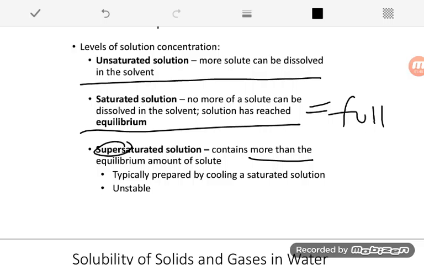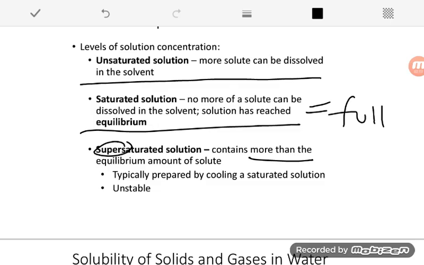In general, solids become more soluble as you heat up the solution. So to make a supersaturated solution, what is typically done is you heat up the solvent, dissolve a bunch of your solute, and then cool it back down. And so your solution is a little confused and it doesn't quite realize that too much of it is dissolved, so you have this supersaturated solution.